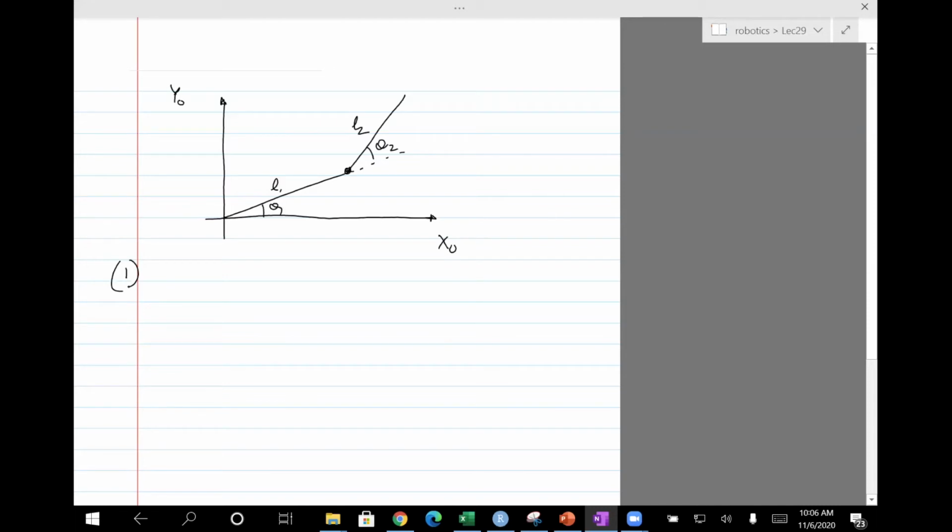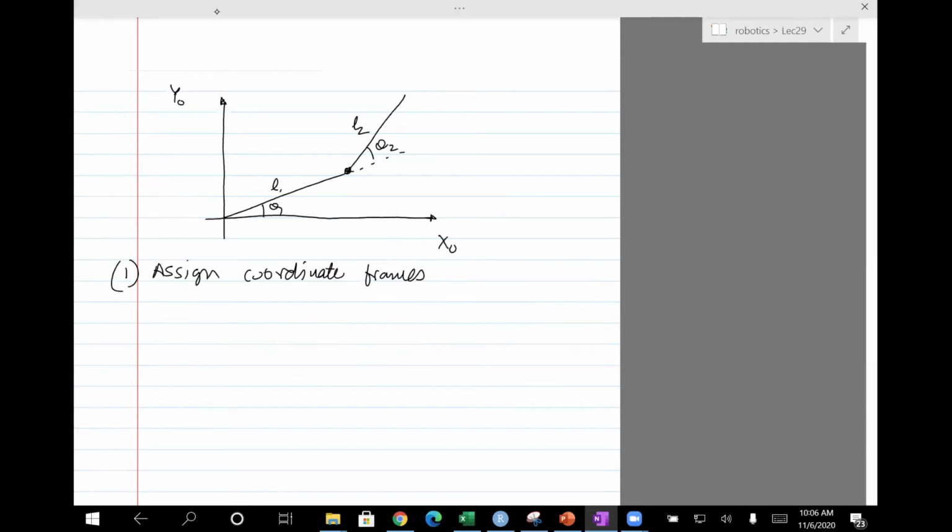If you have not opened the handout, please open the handout. We are going to follow 2.3, which says the steps. So first step is assign coordinate frames. What that means is for each link I need to assign x1, y1, x2, y2, and so on.